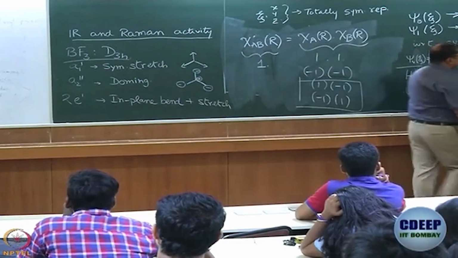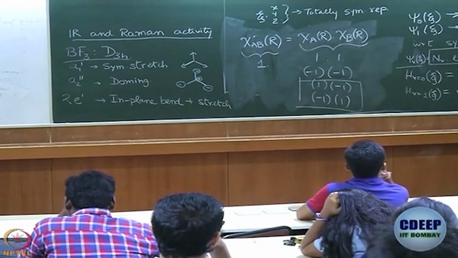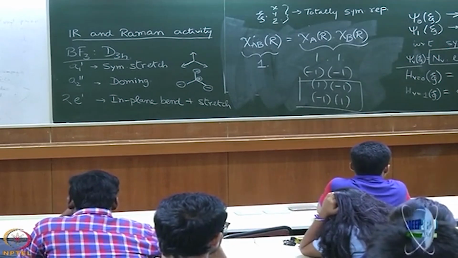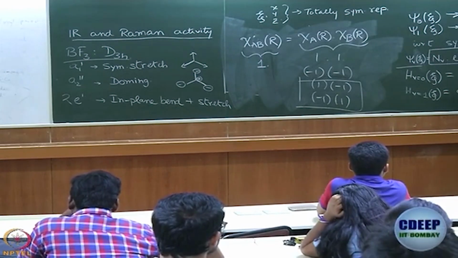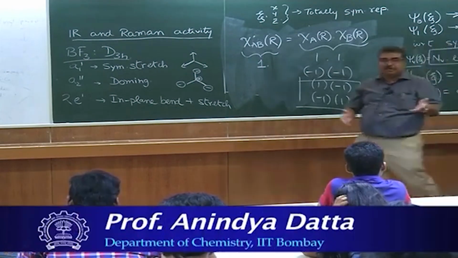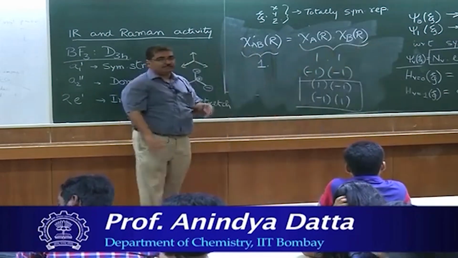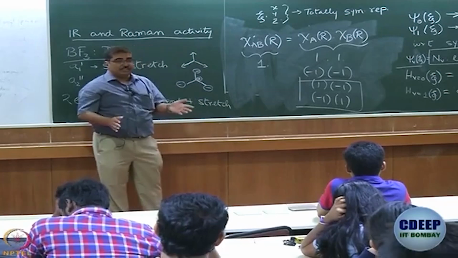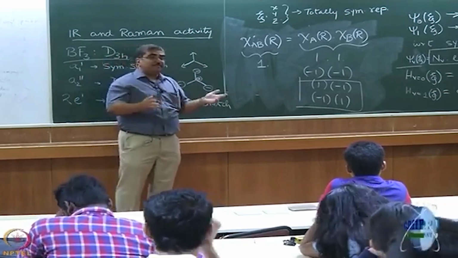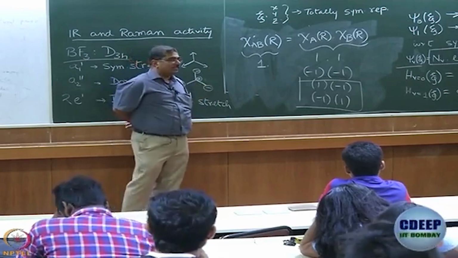You look at the character table that is given here. X belongs to B1, Y belongs to B2, and Z belongs to A1. So all three simultaneously cannot satisfy it, but at least one of the components of dipole moment should contribute to the transition. That is what we are saying. It is impossible usually, unless X, Y, Z belong to the same symmetry species, that all will be non-zero, and we are going to make a statement about that as well.